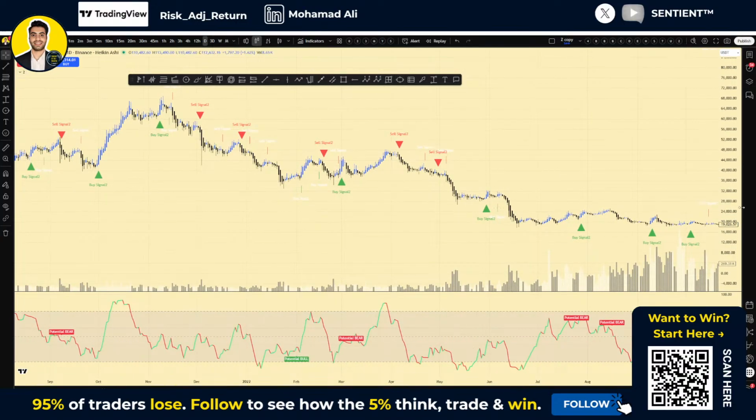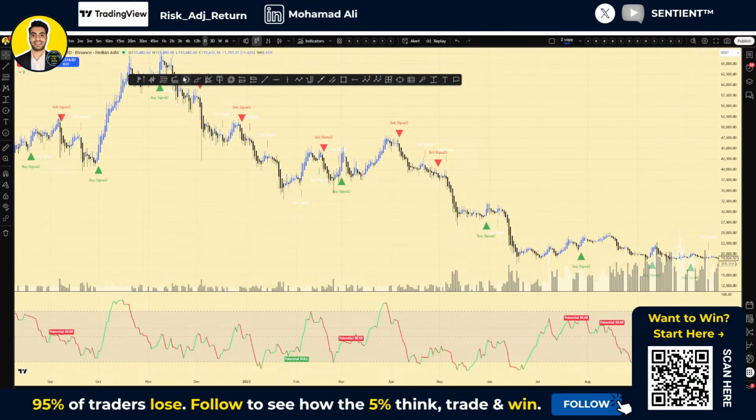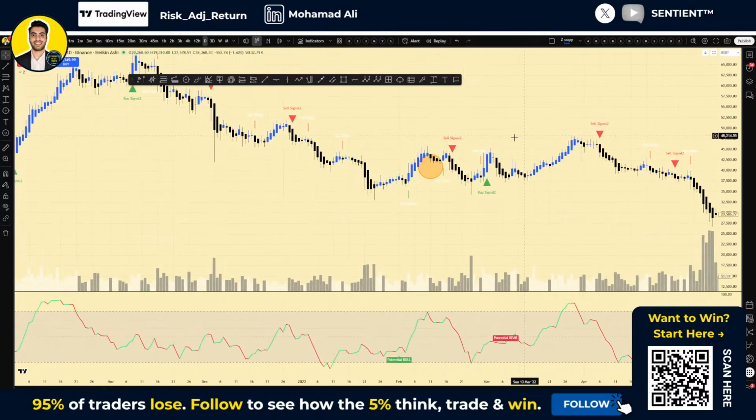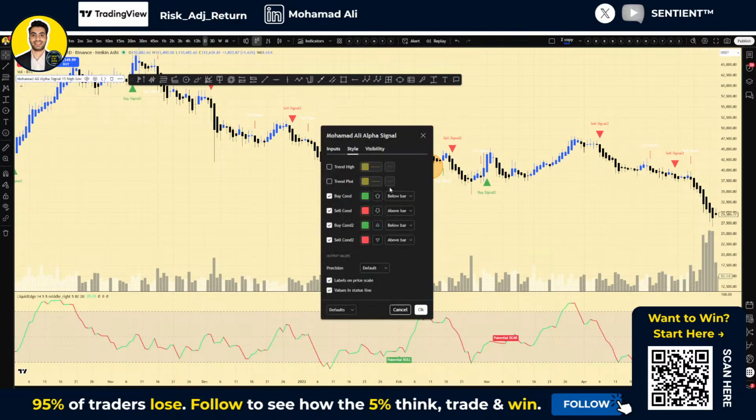So even the alpha signal itself is giving us two conflicting ones: a strong buy and what's called a weak sell. First of all, it gives us the weak sell, this one. Let me see if I can change the color over here.